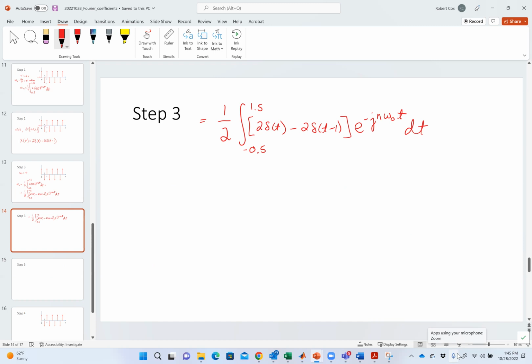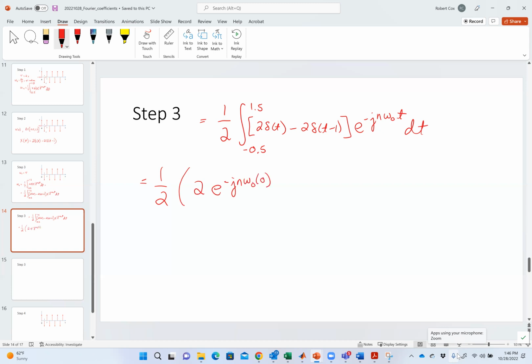So it's easy. What do we know when we integrate with delta functions? We have that sifting property. We take the value of the function at that location, right? So this guy's going to become 1/2 times 2 e to the negative j n omega naught times 0.